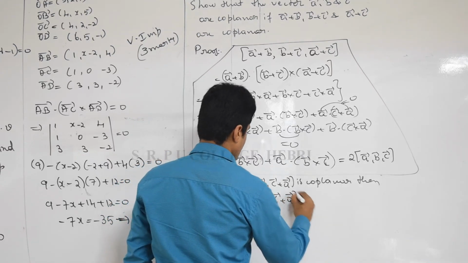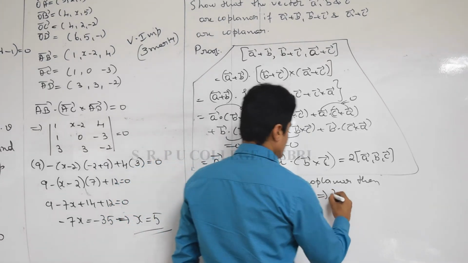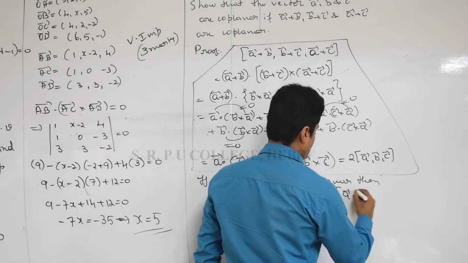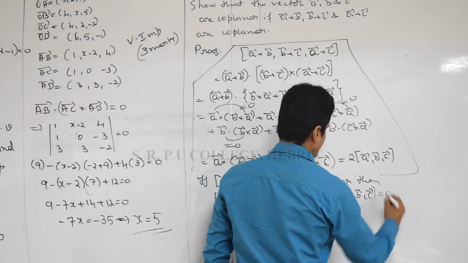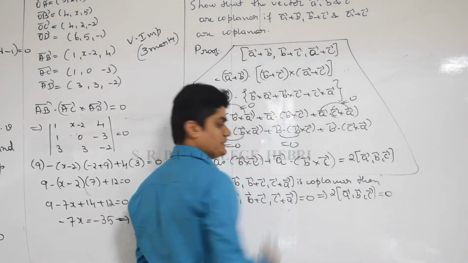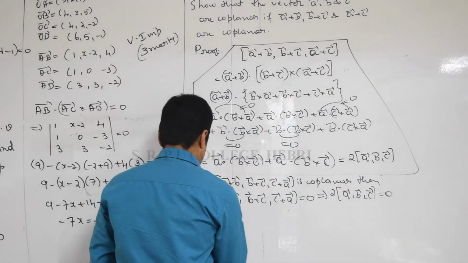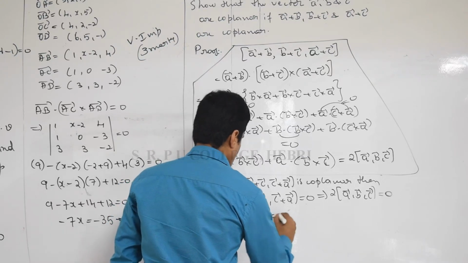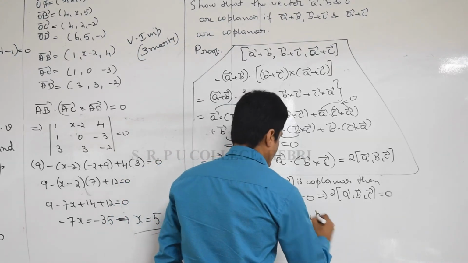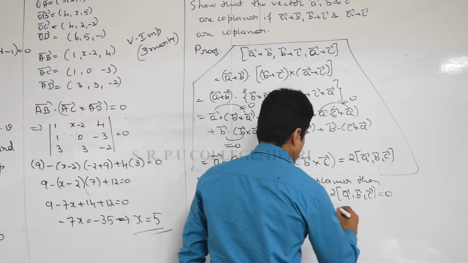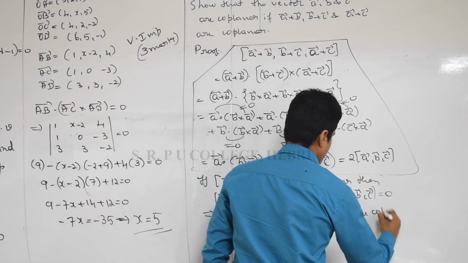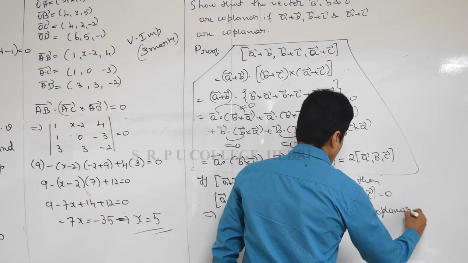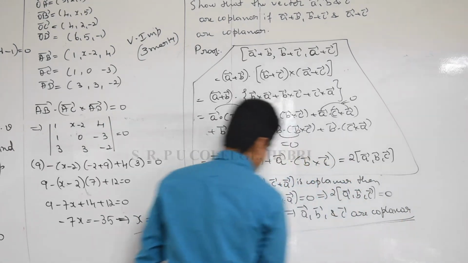So this implies 2 times vector a, b, c is also equal to 0. Because we already proved it is nothing but 2 times that. So this implies the scalar triple product of a, b, c is 0. So this implies vectors a, b and c are coplanar. So this is the proof of this result.